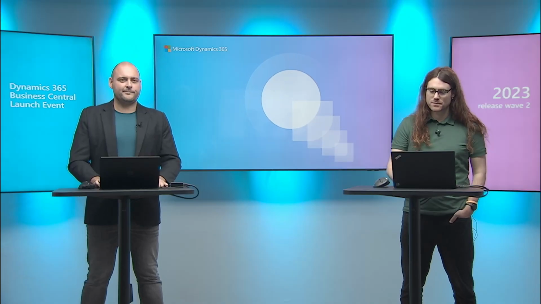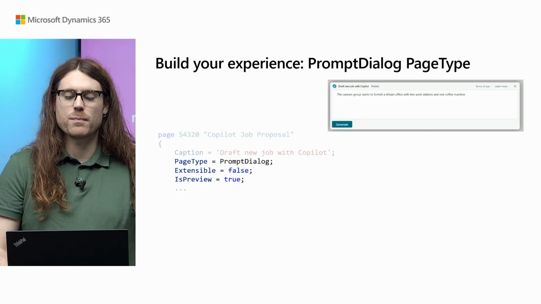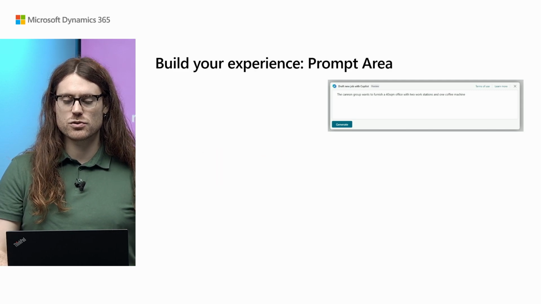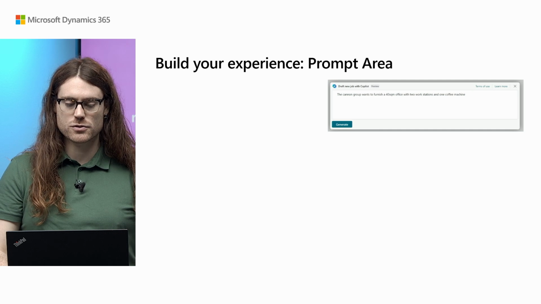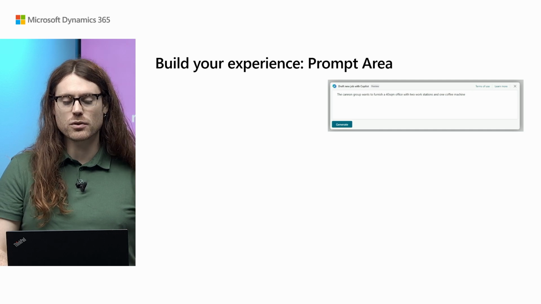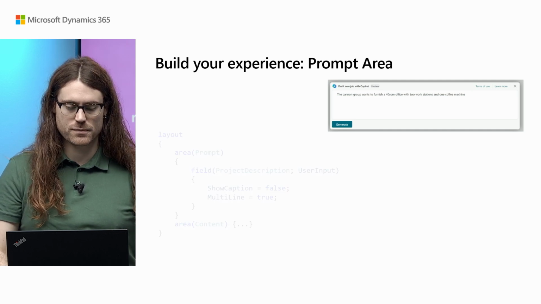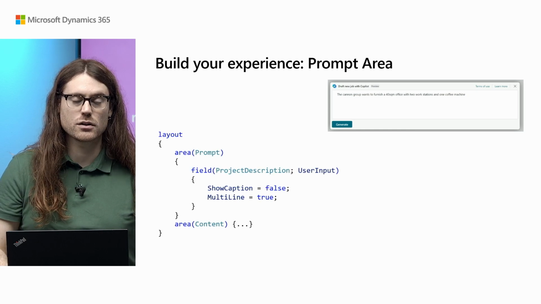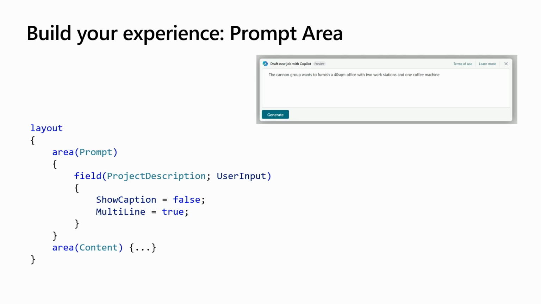Great, thanks, Mike. And now that we've looked at the page itself, let's take a little deeper look into the content that appears on the page. So for example, this input where the user could type that information. As you would define the content on a normal page, you do that within a layout area. But for the prompt dialog, we've added a new prompt area, just like a fact box or the role center areas, but this one is specific to the prompt dialog.